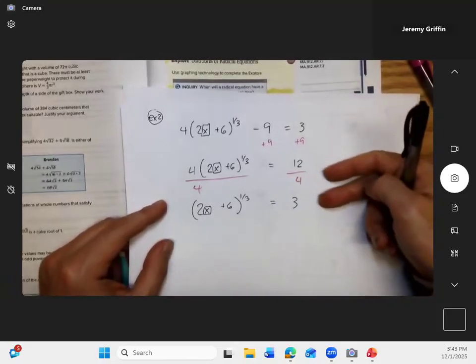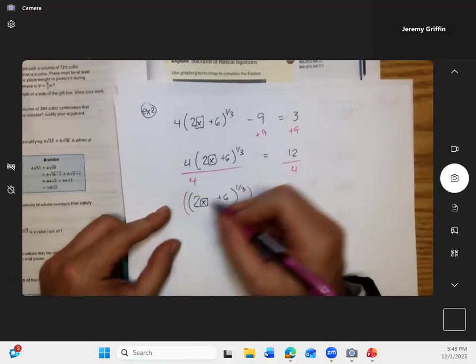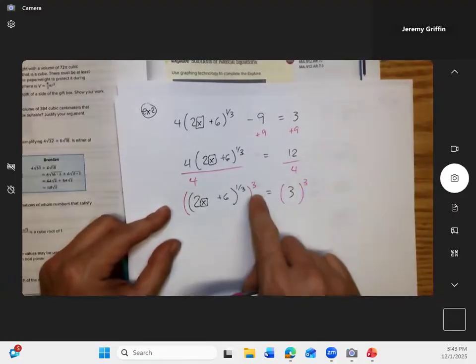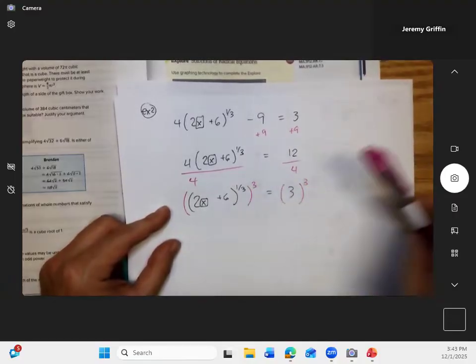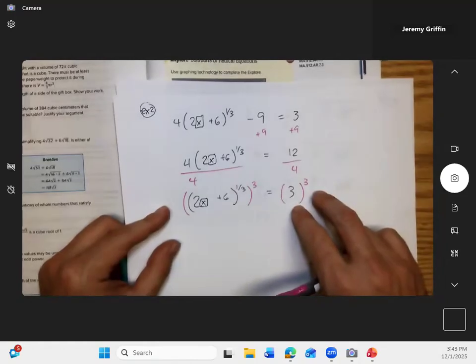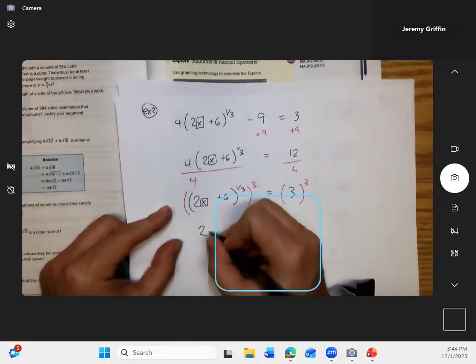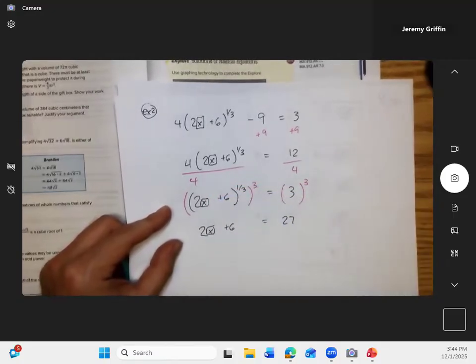Now I have to cube both sides to unbury the x out of this cube root. On the left side, the 3 and the 1/3 consolidate to 1. On the right side, I have 3 cubed: 3 times 3 is 9, times 3 is 27. So 2x plus 6 is now 27.